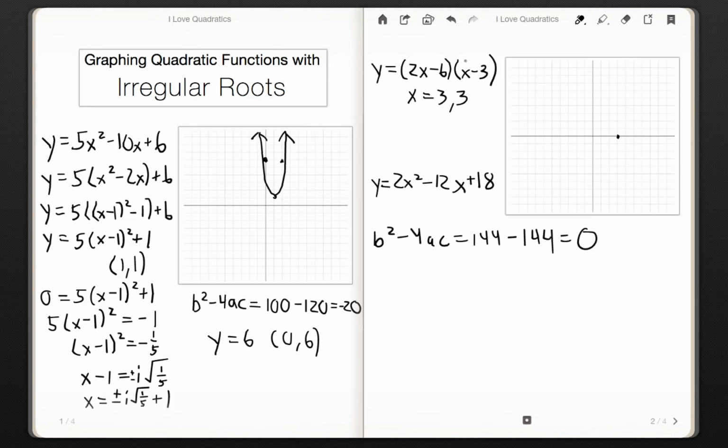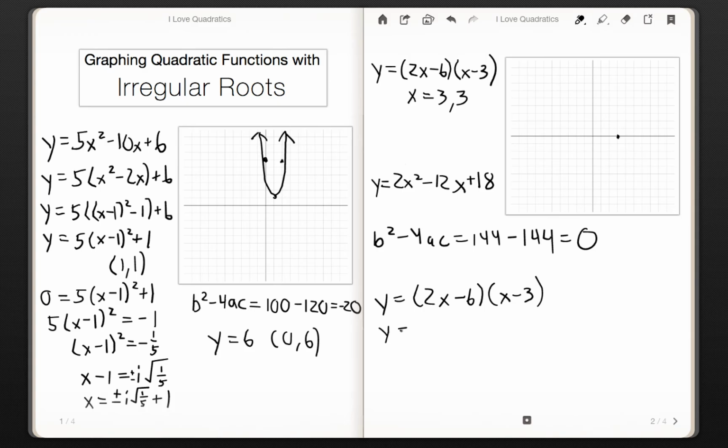So here's what we can do. Let's go back to the root form here. And let's factor out a 2 from this 2x minus 6 term. Let's do it down here. So what we're going to do is, we know that we got x equals 3. To get either of these equal to 0, we got x equals 3. We proved that here.